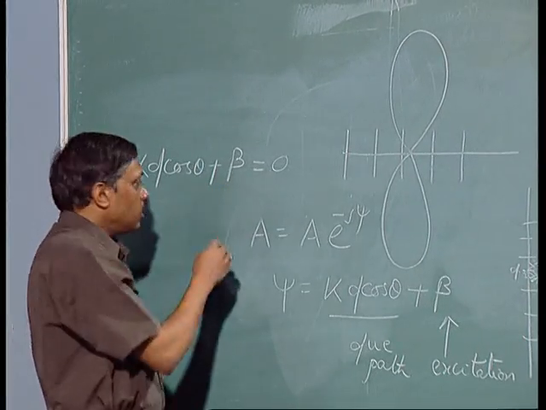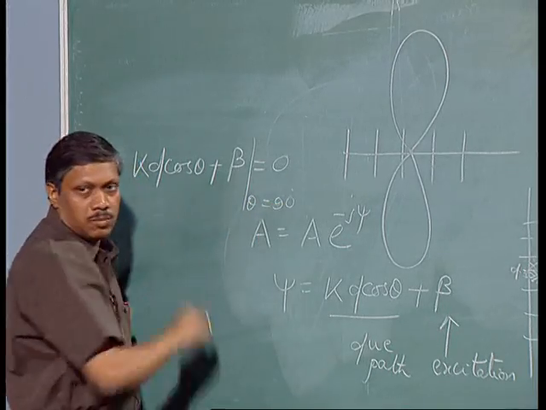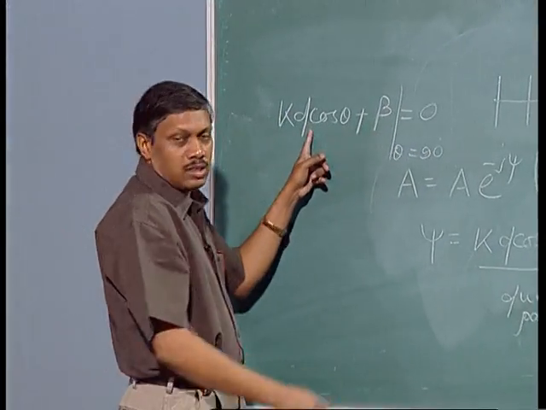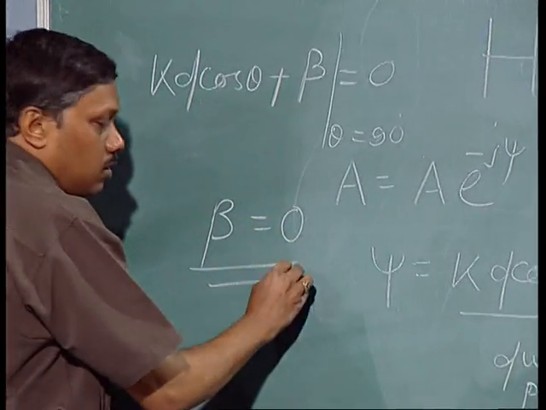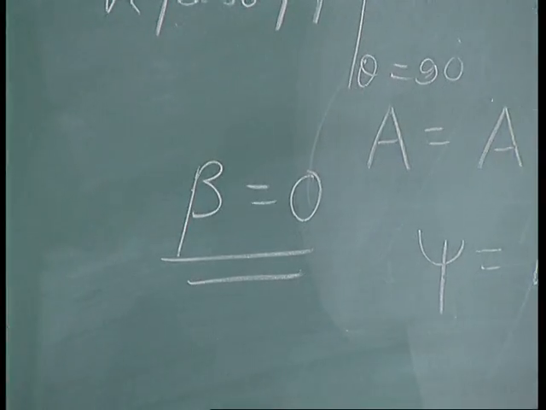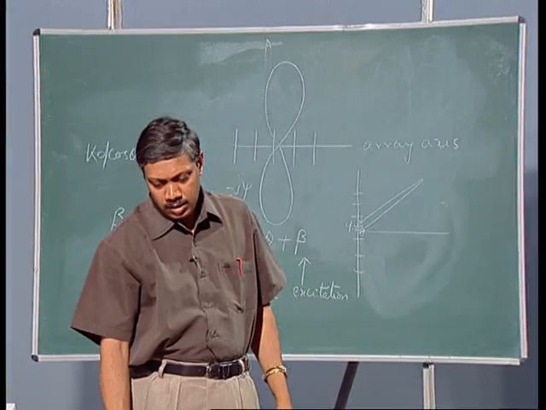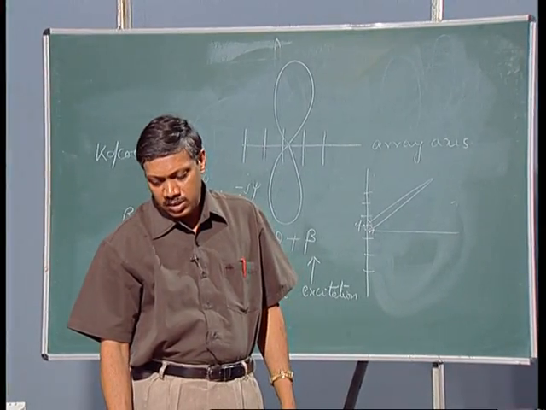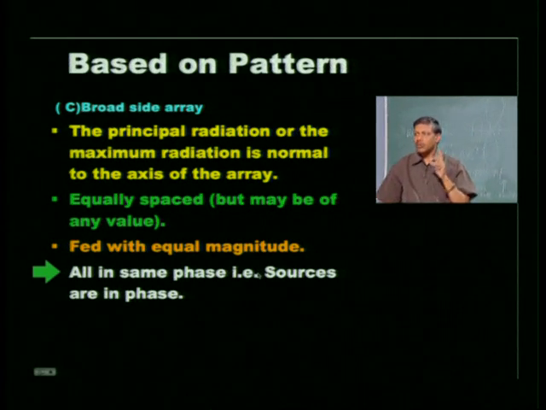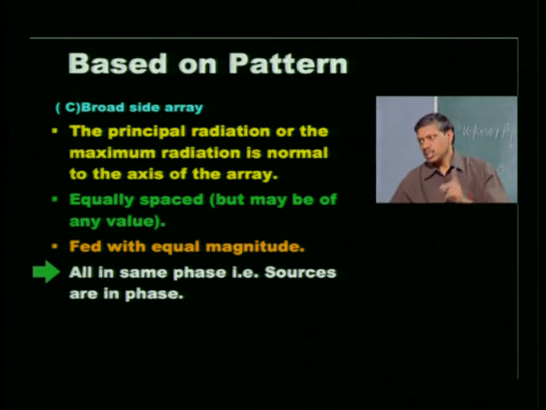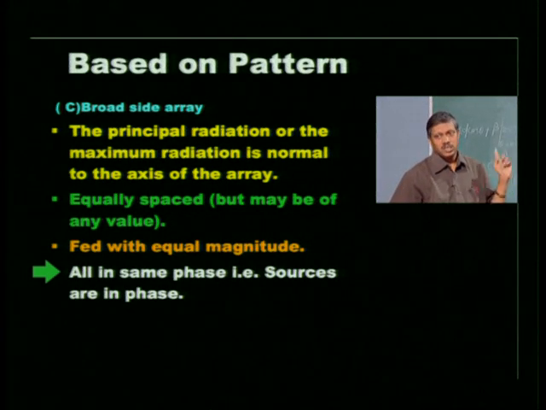It is perpendicular, so theta is equal to pi by 2. If we substitute that, it implies beta is equal to 0. So, this is one of the conditions: all sources are in phase, that means each element will be fed with the same phase. This is a mandatory condition for having a broadside array.